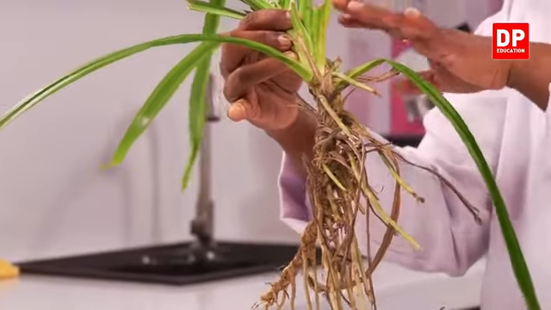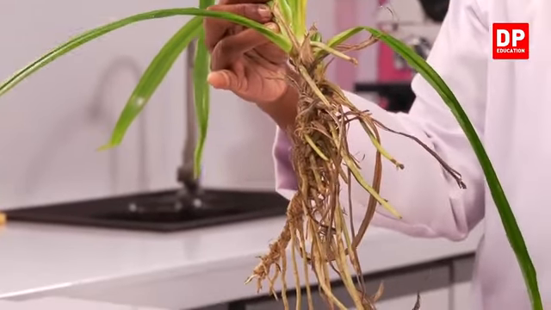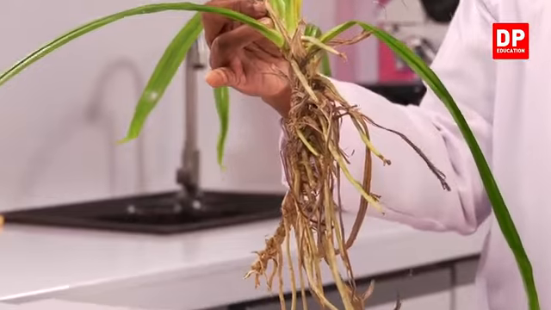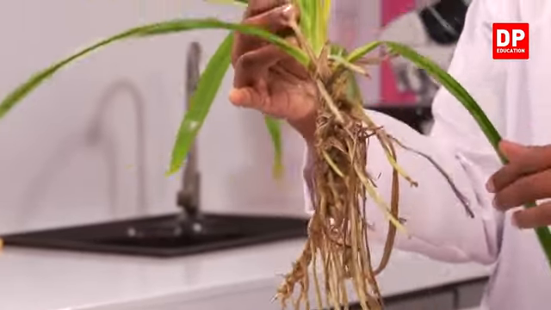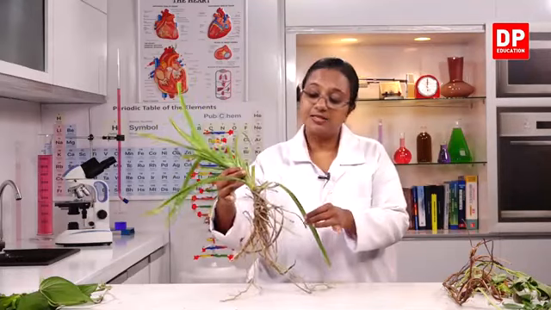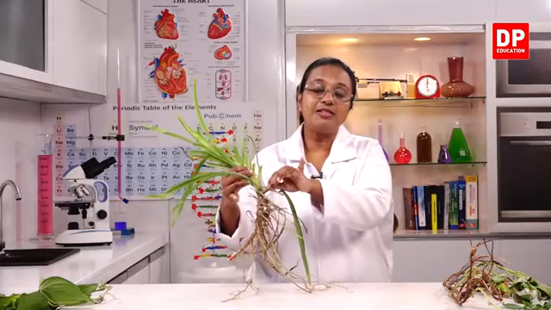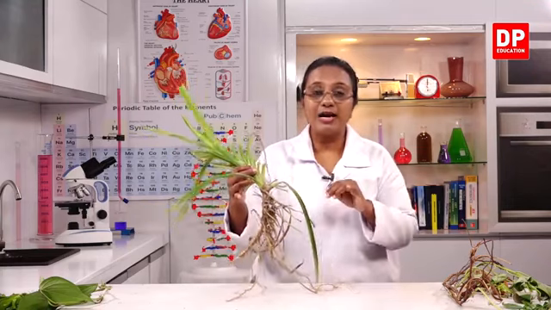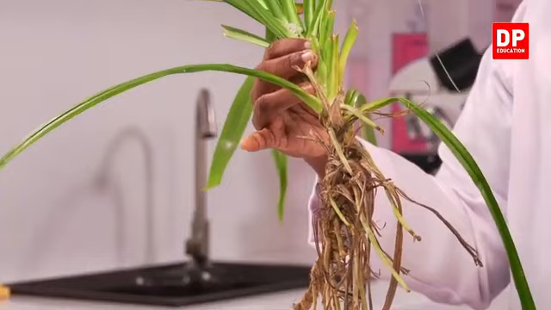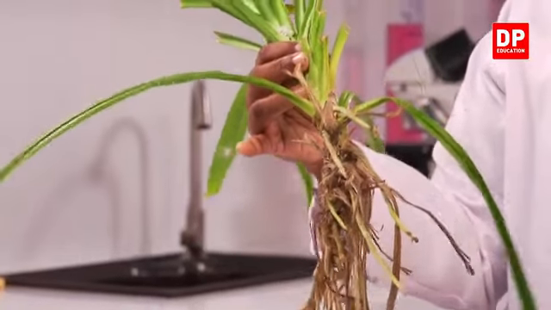Now this grows in a mangrove environment where the soil is muddy and not very strong. So in order to hold the plant in the correct position, these stilt roots are there in the plant. They hold on to the soil and hold the plant erect. So that is again another type of adventitious root.